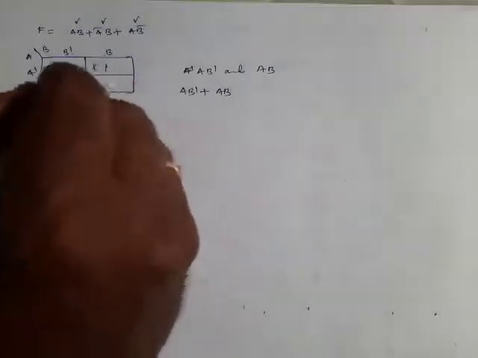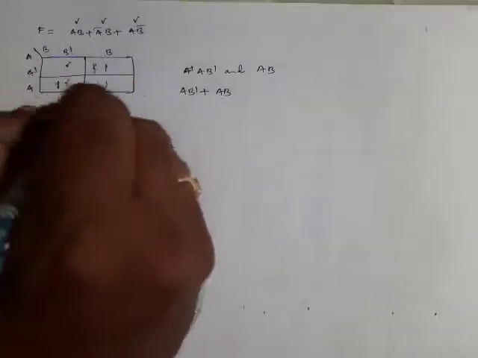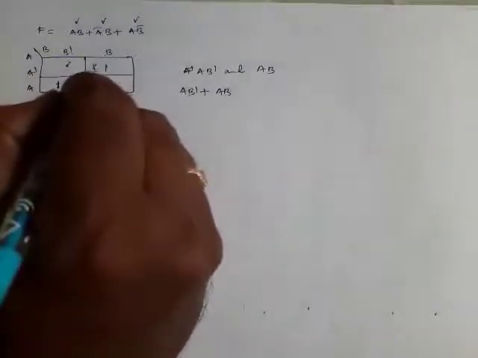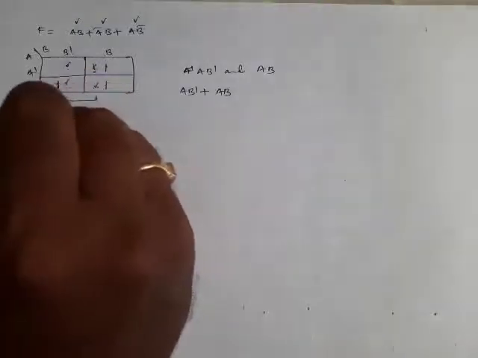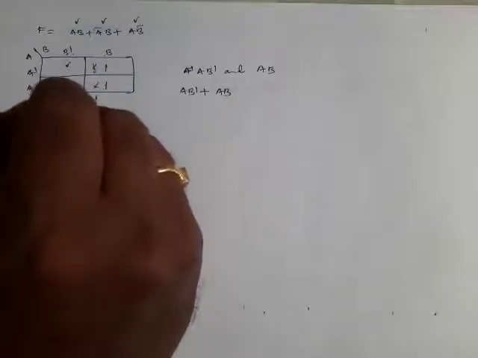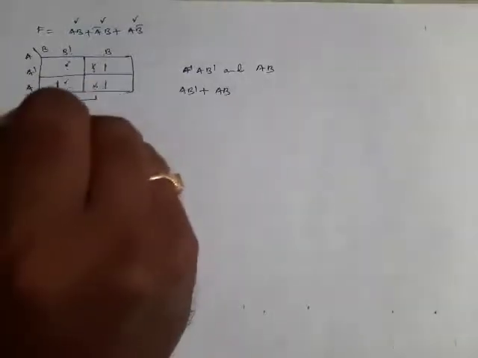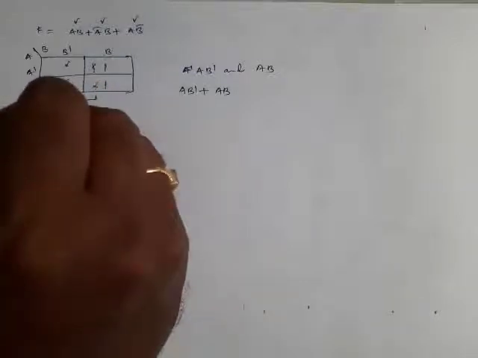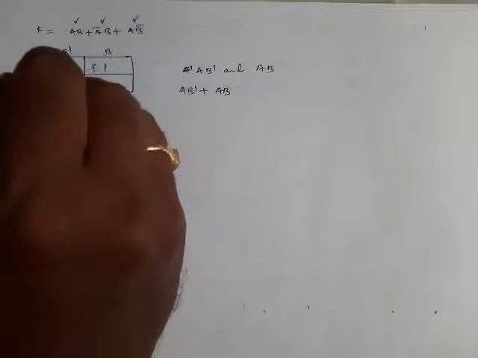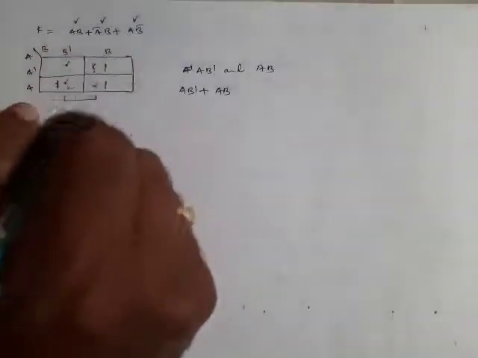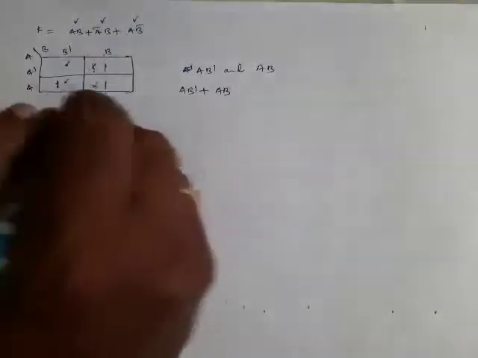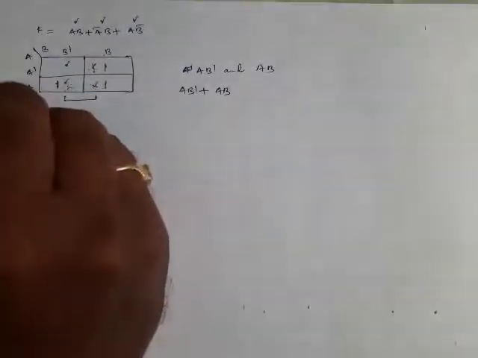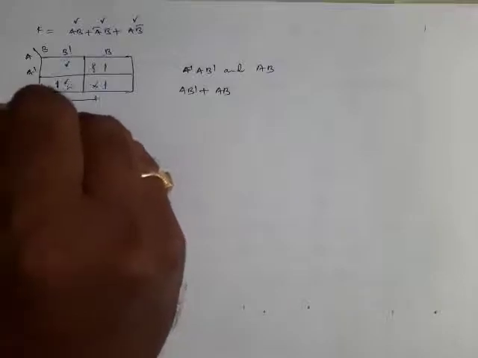So when I group these two cells containing ones, that results in a product term which eliminates the variable which is changing from one cell to the other cell. Here the changing variable is B. It changes from B bar to B. So the resulting product term is A only.